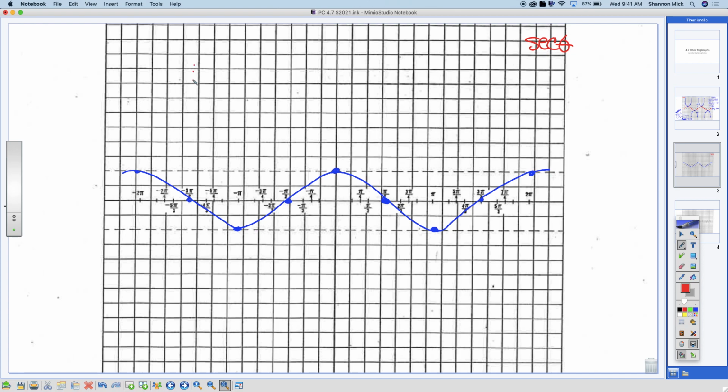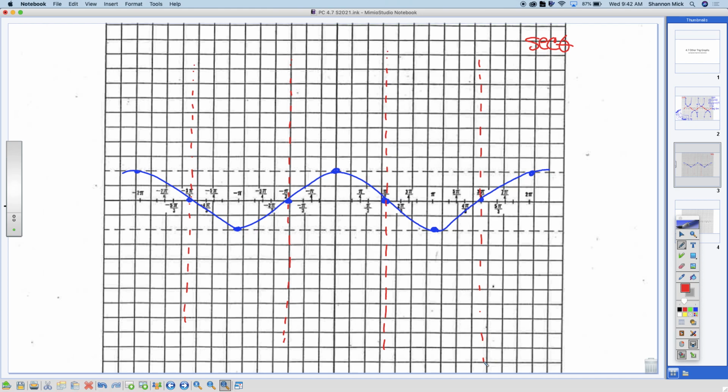Everywhere it goes through the x-axis, give it an asymptote. I'm so bad at drawing dotted lines.